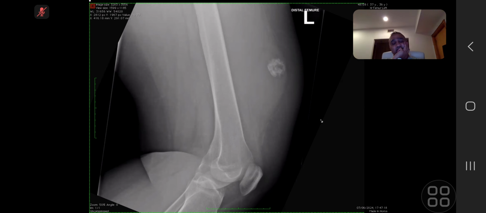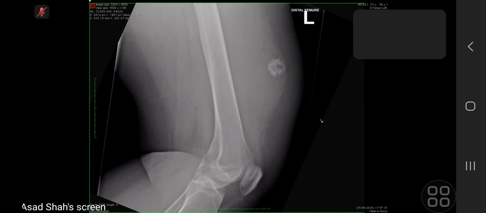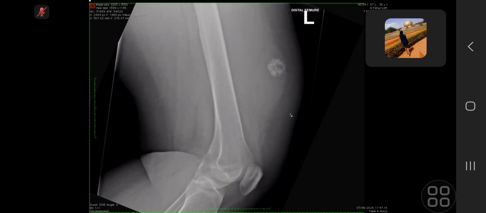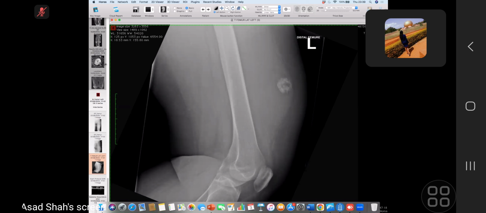Why do you want an MRI? To look for soft tissues. Soft tissue component, because there is associated bulk, the muscle in that region is appearing bulky. So I would like to further investigate.